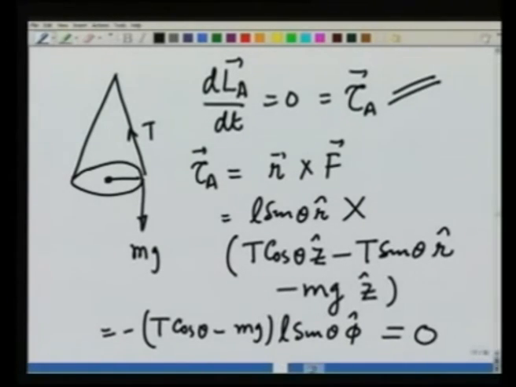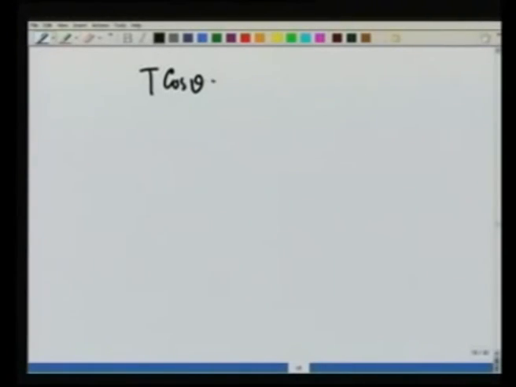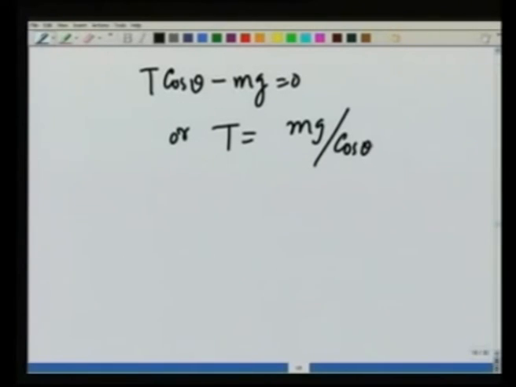This gives me T cosine theta minus mg equals 0, or T equals mg over cosine theta, which is the same result as I obtained from Newton's second law, direct application, F equals dP/dt.